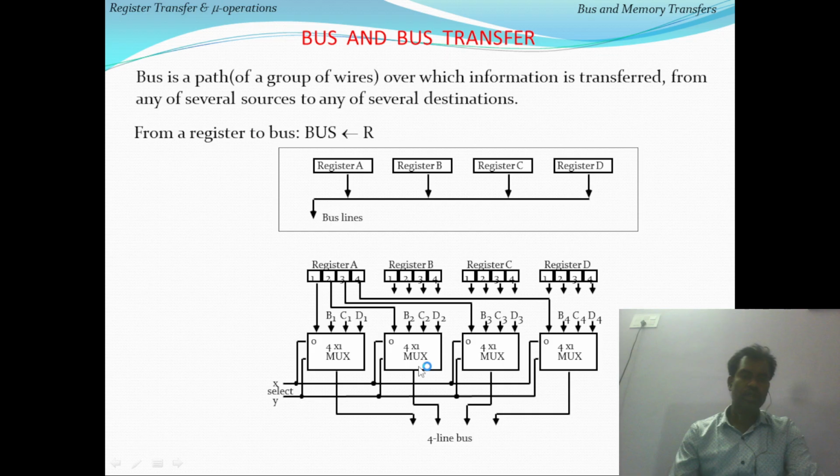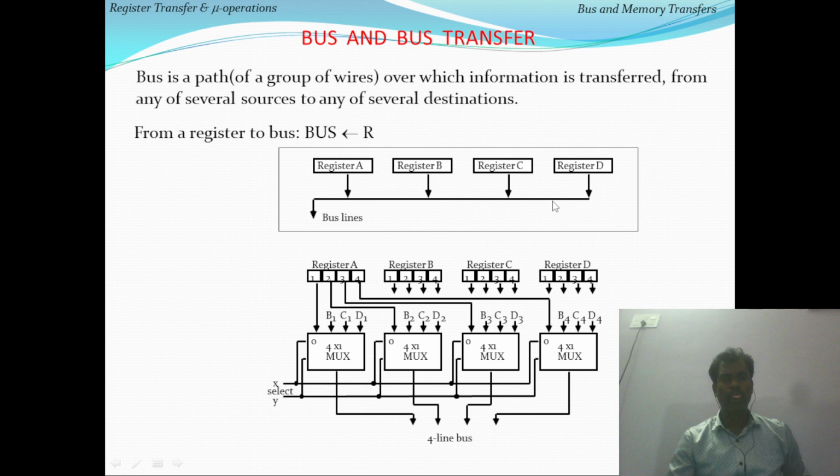There is a select line for register selection. For example, when we select register A to place the data onto the bus, 0 will be selected. To select among these registers, we are using a 2-bit control signal. When it is 0 0, it indicates register A. When it is 0 1, it indicates register B. When it is 1 0, it indicates register C. When it is 1 1, it indicates register D. These control signals are commonly connected to the select lines of all the muxes.